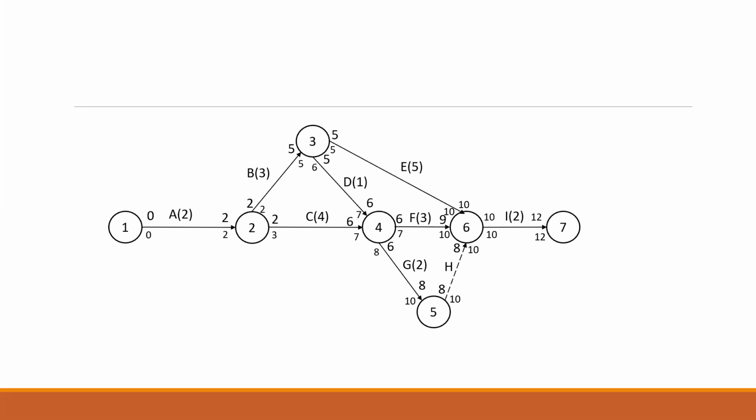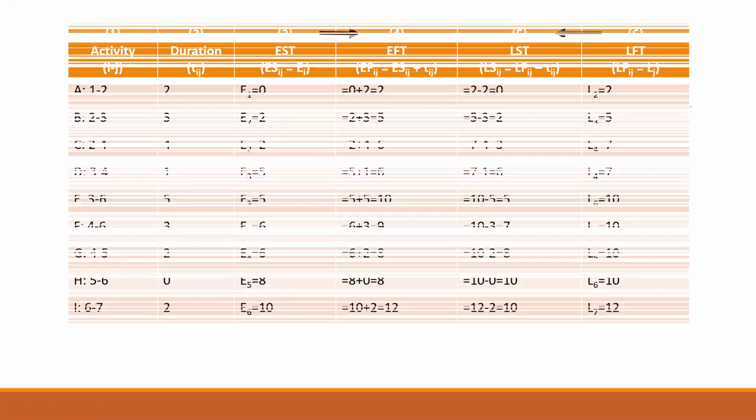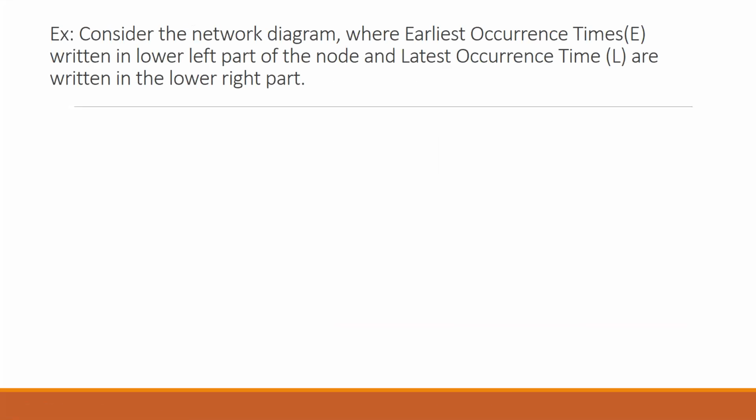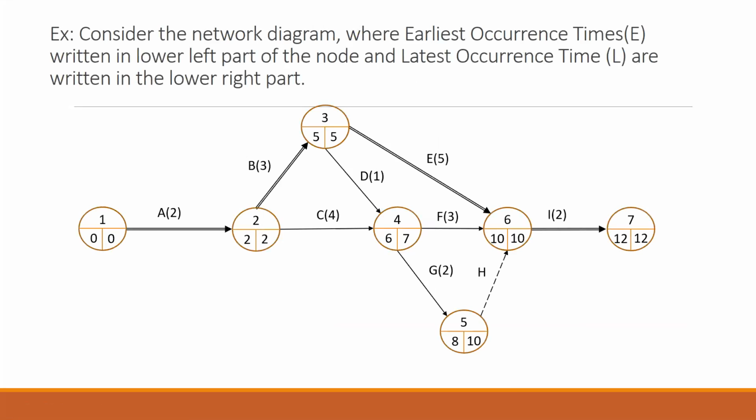So I'll also show you one different diagram where the key is different. The way the node is presented, this one. Okay, and I'll just show you now itself. Now, if you look at this, it is the same diagram which I have put here, but the key here is we have a circle, the node, and below this on the right hand side and the left hand side, you can see this is your earliest occurrence, and this is your latest occurrence time.